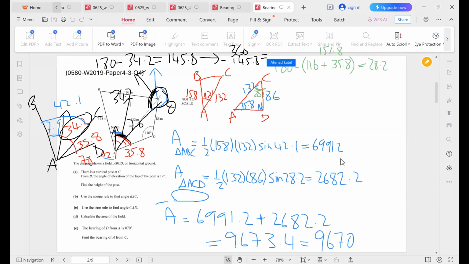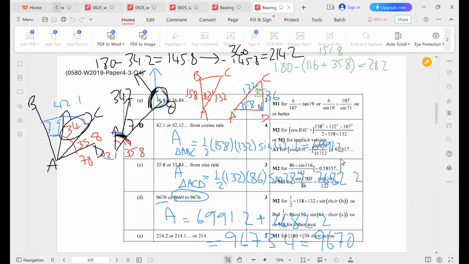So 360 minus 145.8 gives us 214.2. And this would be the answer to the final problem, problem E. So 214.2, excuse me. Let's check to make sure we're on the right track. Yes, 214.2 is the correct answer here.